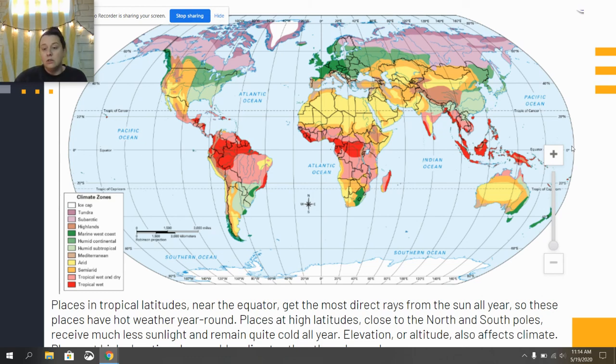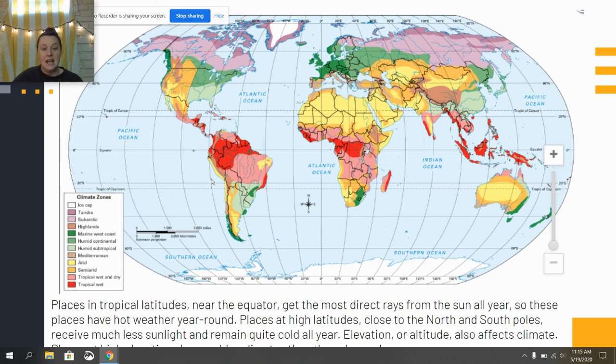So locations that are closer to that equator are going to have those tropical environmental conditions, right? You can see tropical wet and dry, and then we get into the arid and semi-arid areas, right? And the reason why those are hotter and tropical is because those locations are getting more rays from the sun all year long. And so the hot weather is a result of that.